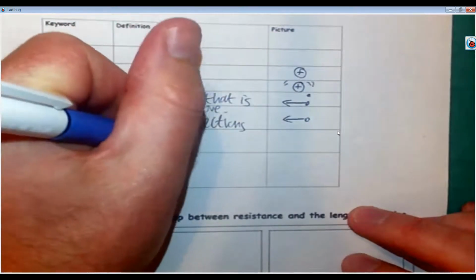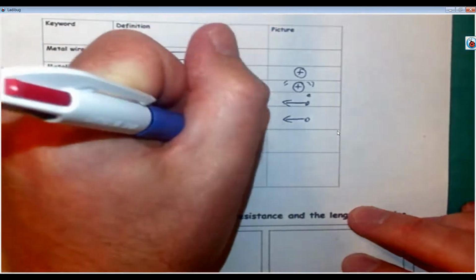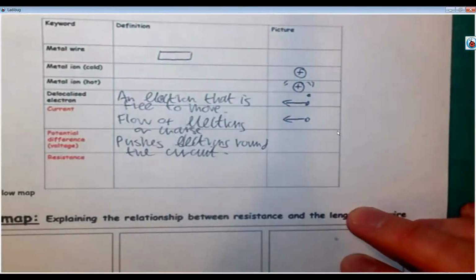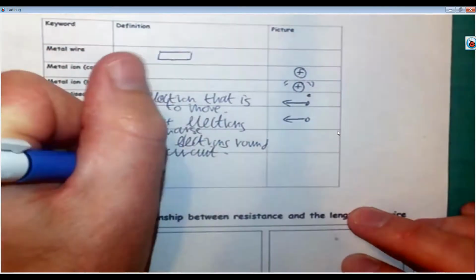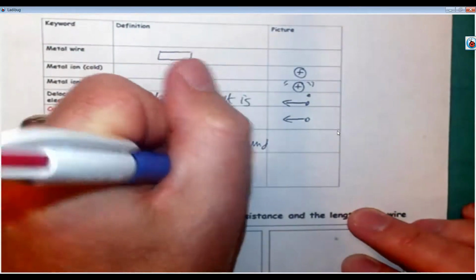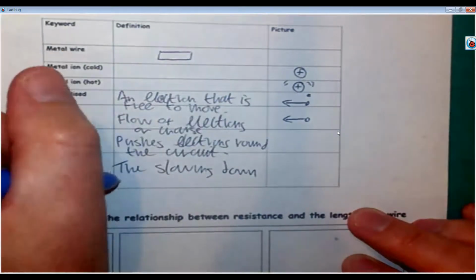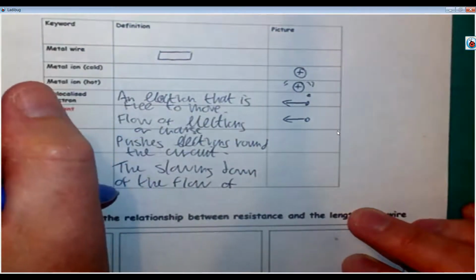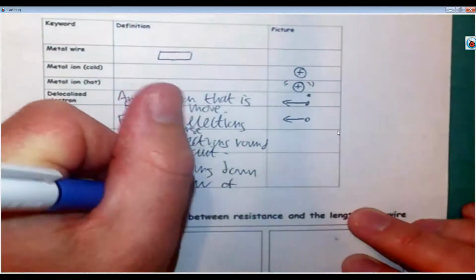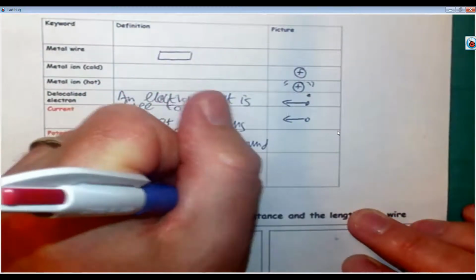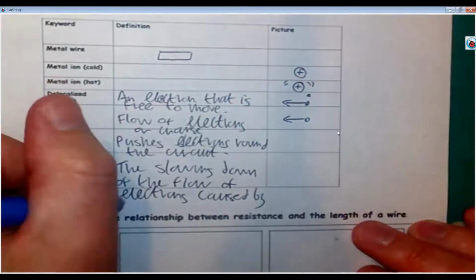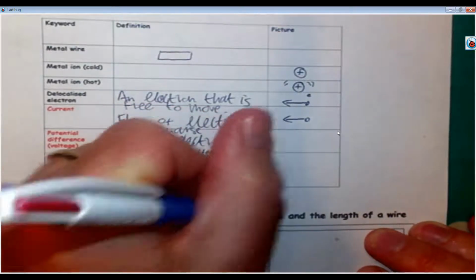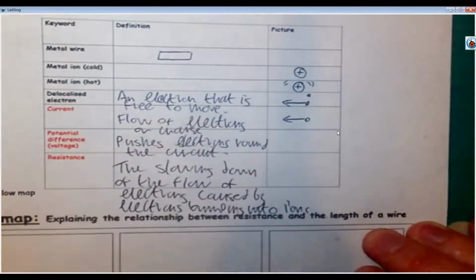Potential difference pushes electrons round the circuit, and resistance is the slowing down of the flow of electrons caused by electrons bumping into ions.